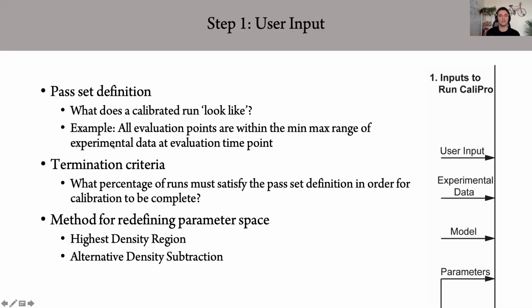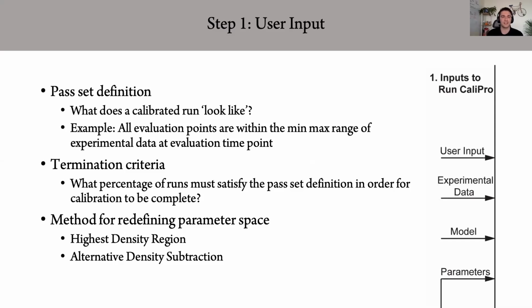As an example, you might have several evaluation time points where you really want to see the model maybe peak and then drop through the experimental data. And so you would set up your pass set definition such that the model run that would be calibrated would actually go through the experimental data, peak, and then drop through the lower evaluation time points as well.